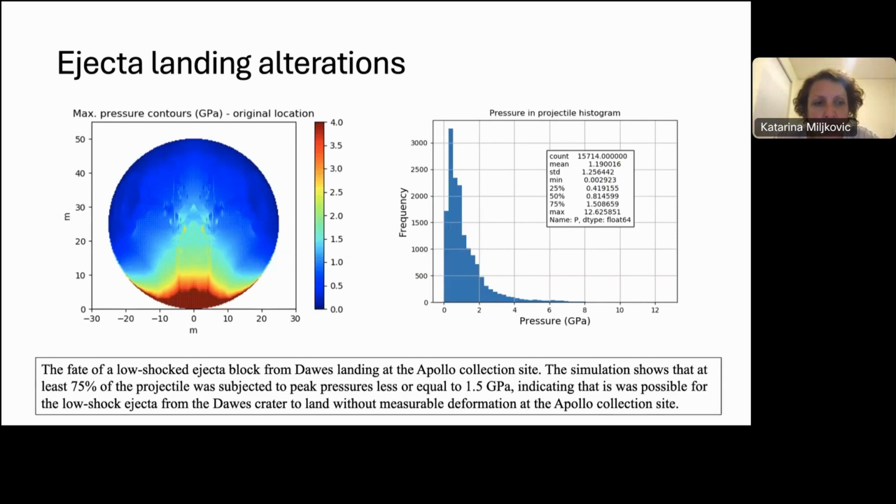What you see here is shown in meters because we've chosen a 50-meter chunk of rock to test, but basically it can be dimensionless in some sense. No matter how big the rock is, the same distribution of shock would exist. There is some alteration in the part of the rock that first meets the land, but as it compresses into the land and lands, the big bulk of that fragment would remain unaltered. That means we don't have to really worry about this secondary transfer of rocks around the moon.